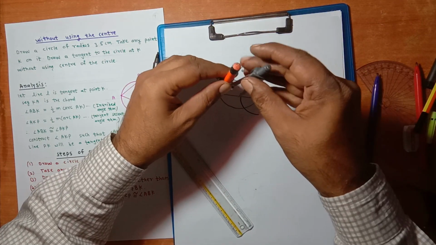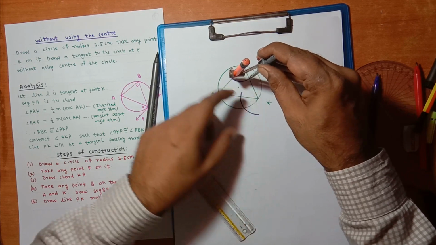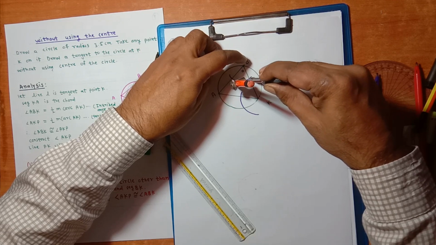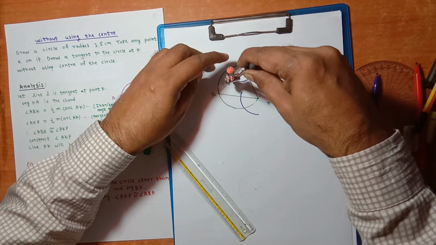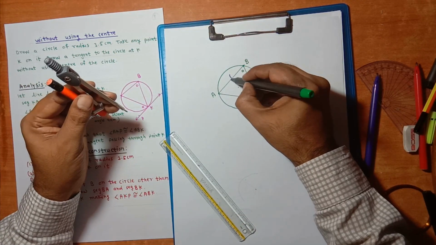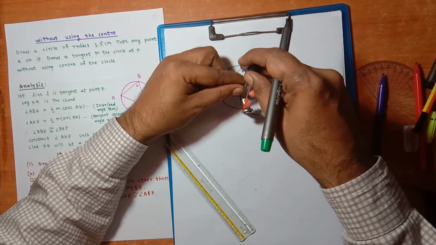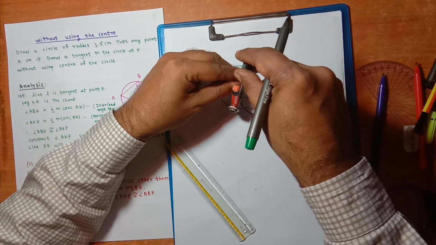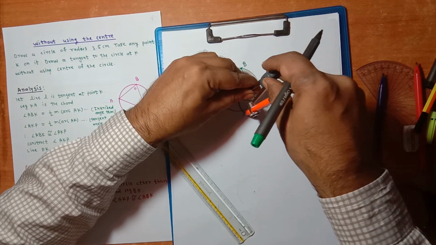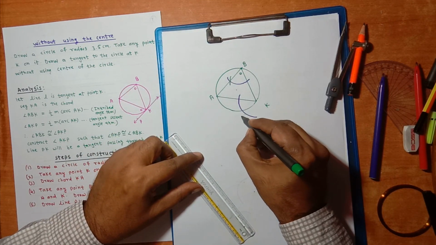Now, keeping the steel point on the point of intersection of side BK and this arc, and keeping the tip of the pencil on the point of intersection of side BA and this arc, I will draw an arc like this. Without changing the distance, I will keep the steel point on the point of intersection of side AK and this arc. I will draw an arc intersecting the previous one. It is like this.